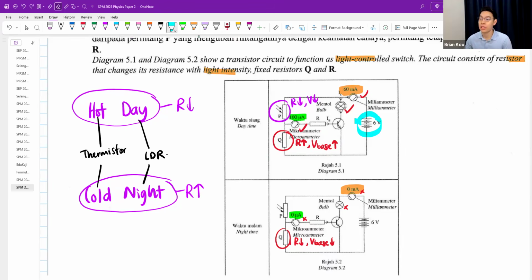Because 6 volts will share between these two resistors. The whole idea of a transistor circuit is the 6 volt battery will always share between the two resistors. Maybe here 3 volt, for example. Or maybe here 2 volt, 4 volt. Or maybe here 1 volt, 5 volt. Right? It will share. The 6 volt will share because this is a series circuit.